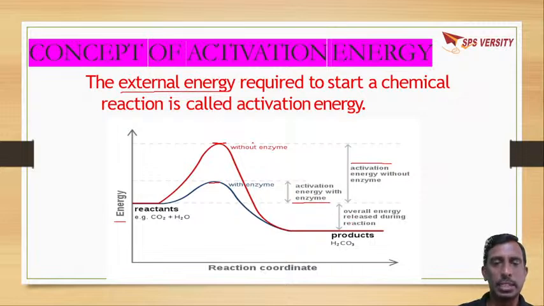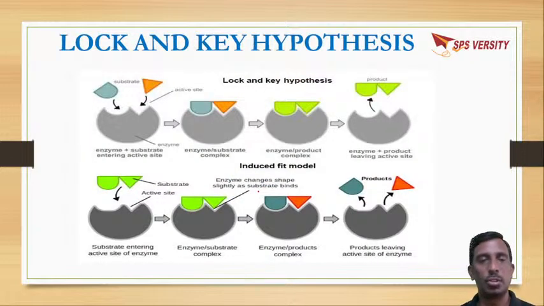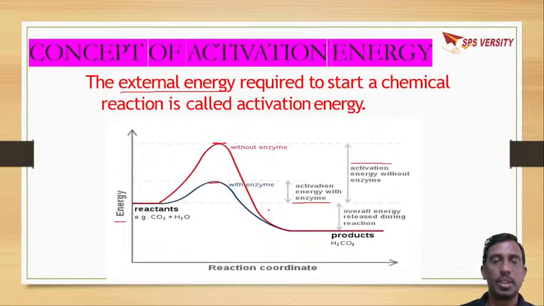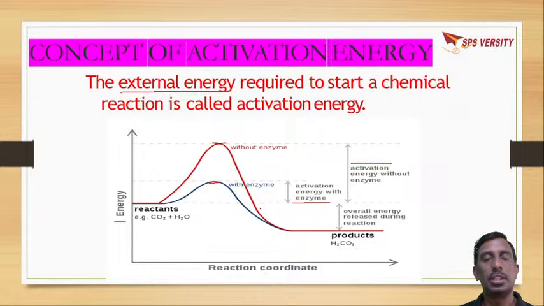So what are enzymes doing here? In the presence of enzyme, the activation energy is lowered by enzymes. The lower the activation energy, the faster the reaction proceeds. What these enzymes do is decrease the activation energy levels.